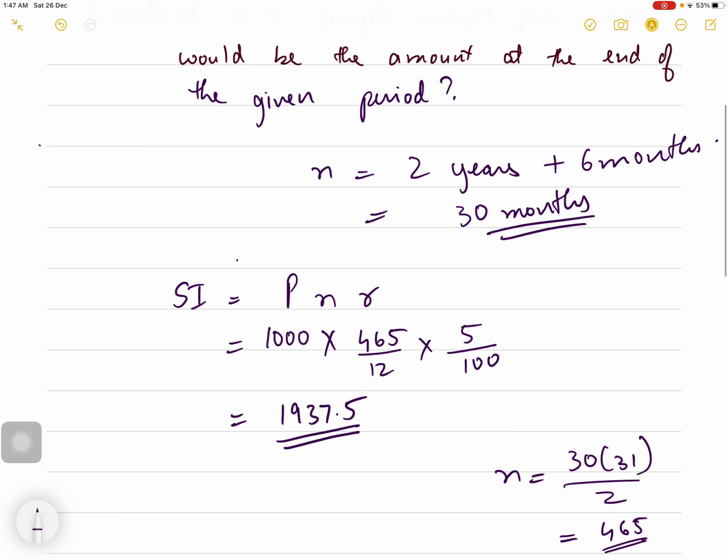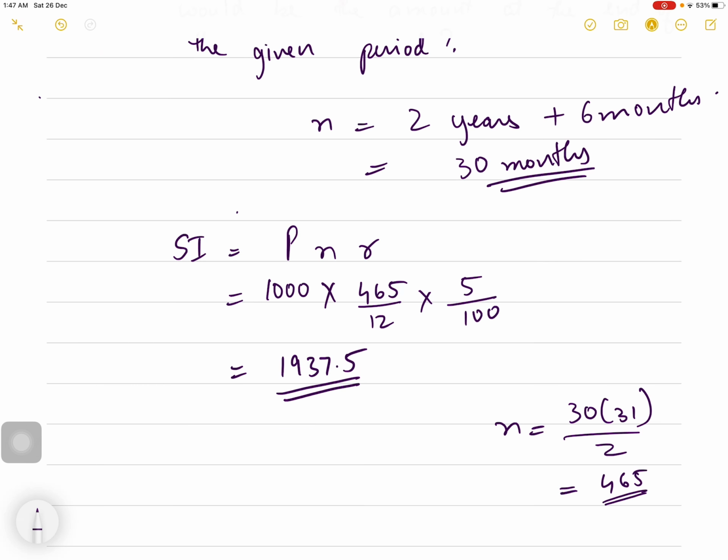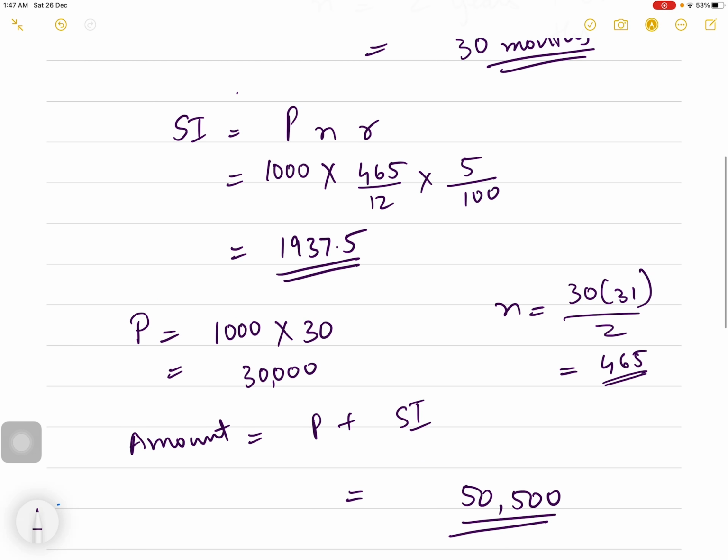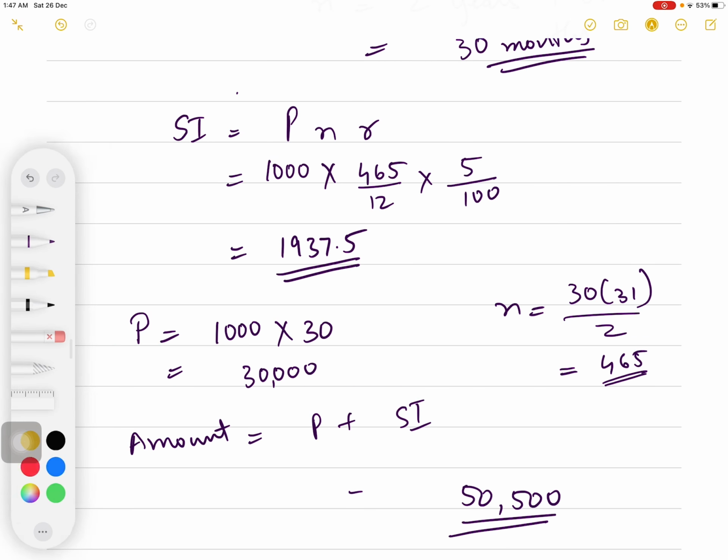And you are supposed to calculate the amount, right? The principal amount is 1000, which you are depositing for 30 months, so it comes to 30,000. So the amount will be principal plus simple interest, correct?